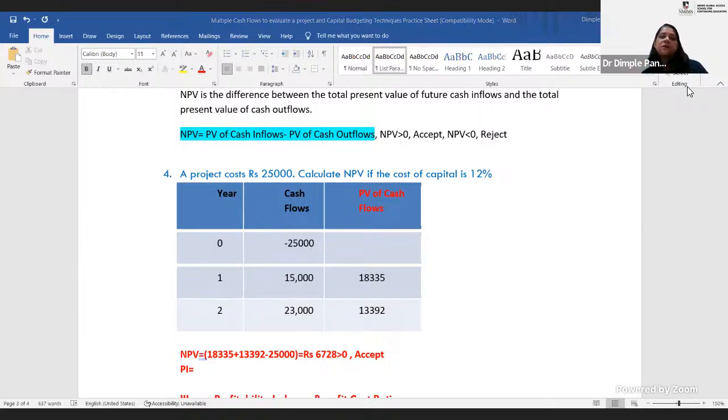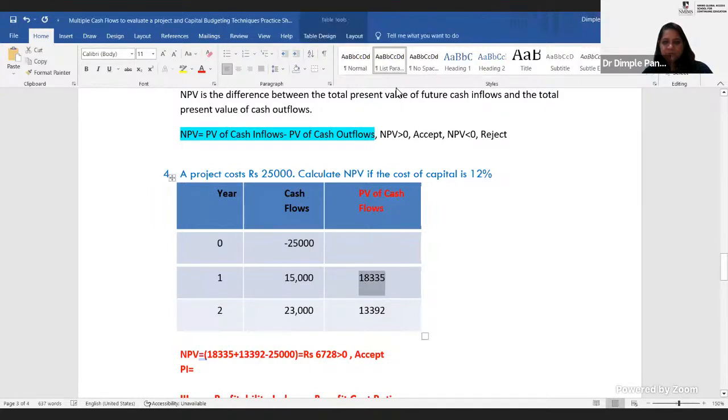And even if it is mutually exclusive projects, between NPV and IRR, which one would you prefer? Let me check. Yes, you're absolutely right. That was a typo that I have made. Here it will be 13,392. And here it will definitely be yes. Agreed.